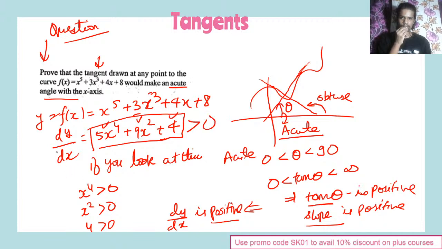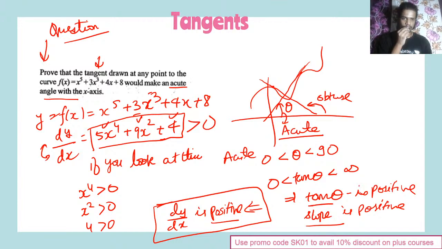So it implies that dy by dx is greater than 0. This is what we had to prove. Because if dy by dx is greater than 0, it means that the slope is greater than 0, which means tan theta is greater than 0, which means tan theta is between 0 and infinity, which means theta is between 0 and 90. So if dy by dx is positive, it means angle is acute.